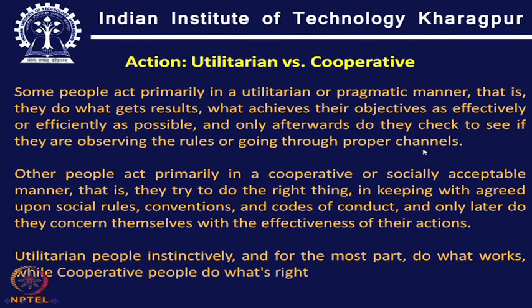Some people act primarily in a utilitarian or pragmatic manner; what is more important to them is the result, to achieve the objectives as efficiently or effectively as possible, and only after achieving the objective do they see what rules they have followed or whether they have acted through proper channels.